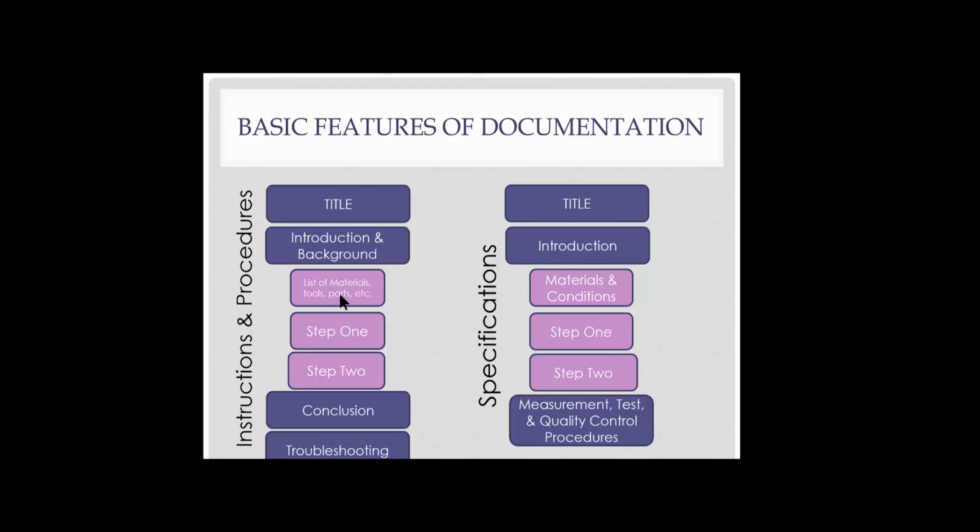And then a list of materials, tools, and parts that are needed. A specification just has materials and conditions. And then you have the steps, right? Always the main parts of an instructions and procedures manual is going to be the parts, right? If you're going to put together a bookshelf, you need the steps on how to do that.